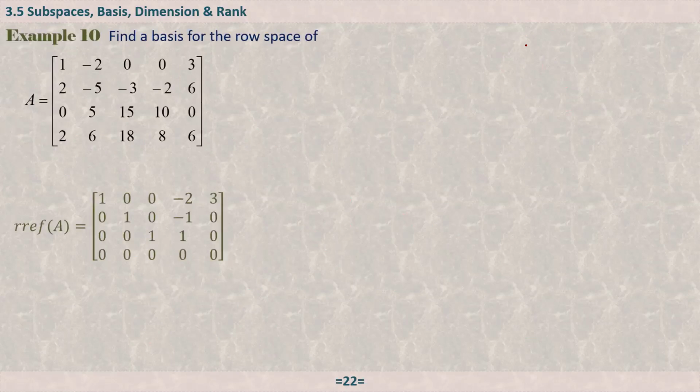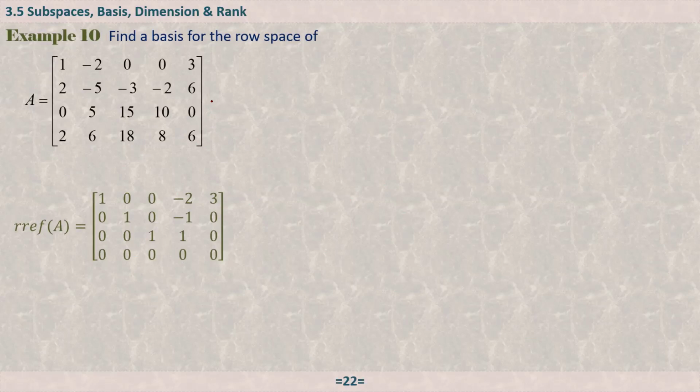Another example is about a matrix here. Find a basis for the row space of this. So when you say row space, we should understand how many rows it has. It has 4 rows, right? Let's say this one is the first row and this one is the second row, here we have B3 and this one is B4, right?